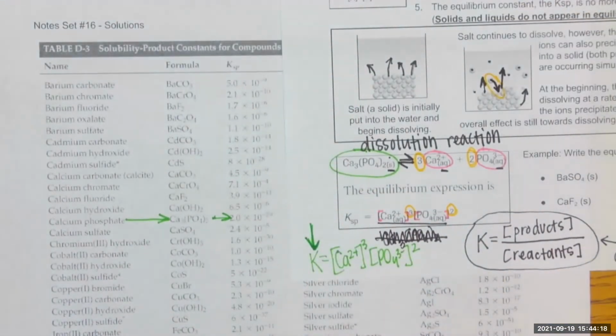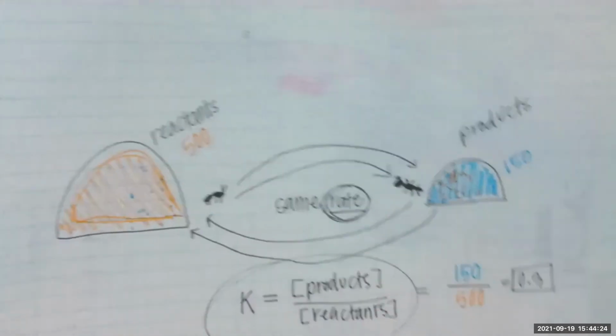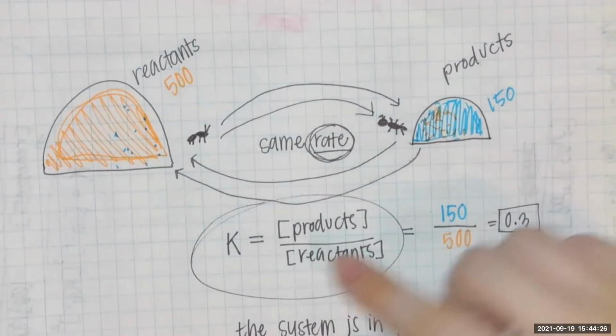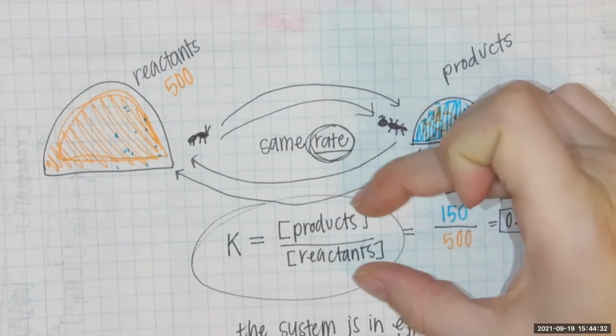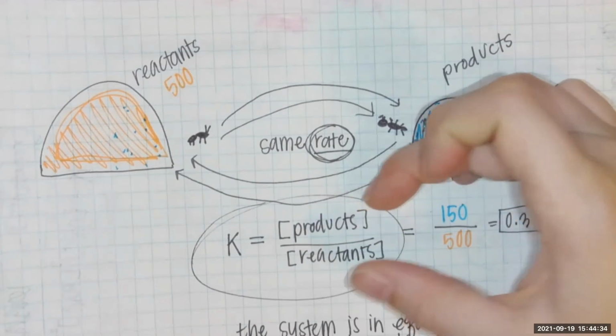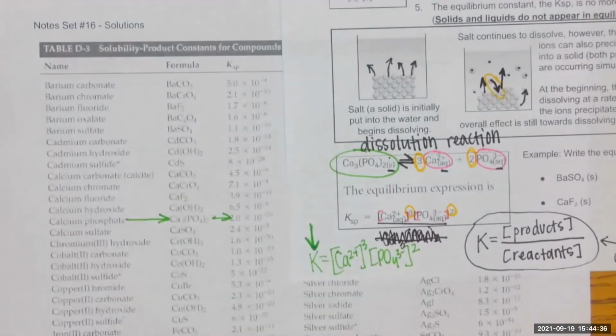Just like with those ant piles that we did, we were able to calculate K. K is ultimately a number that represents the expression. Whoa, I hate it and love it at the same time. It's so complicated.